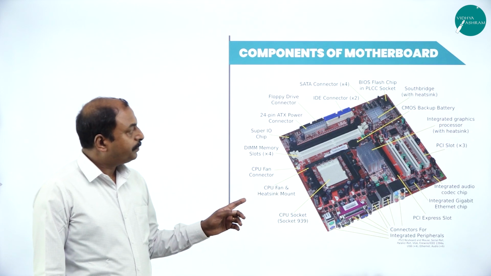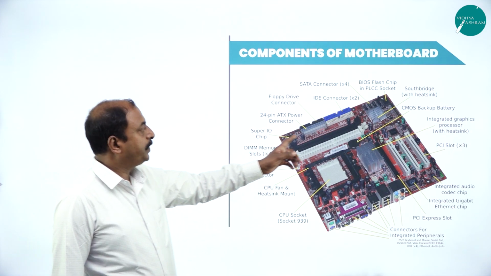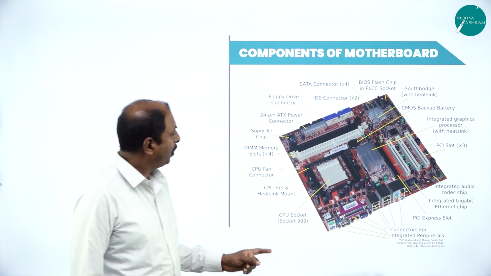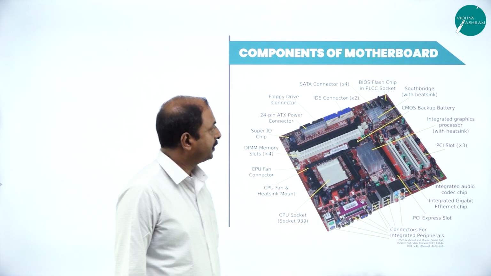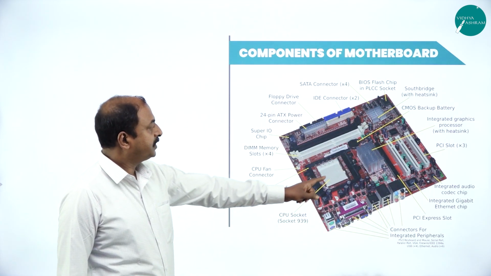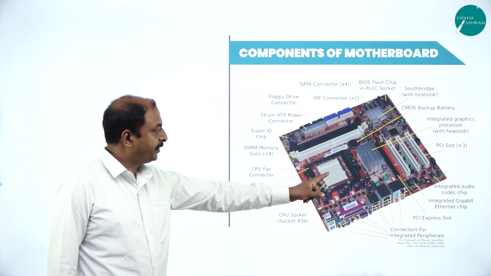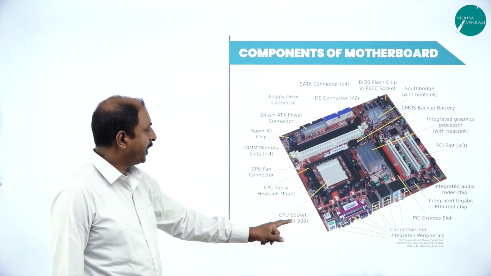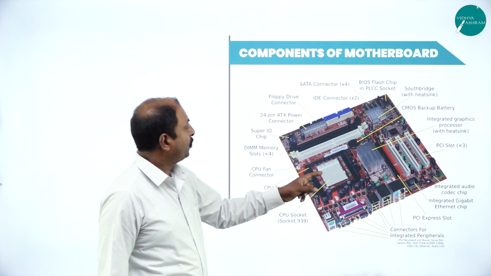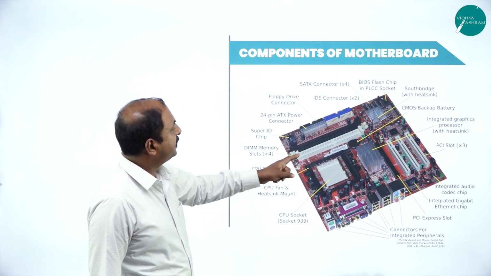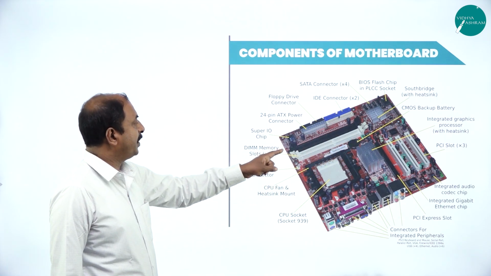Now you can see the picture here. This is a picture of a motherboard and all the different parts are labeled here. This is a part called a CPU socket. These are the sockets. And this is the CPU fan connectors. This is DIMM memory slots.